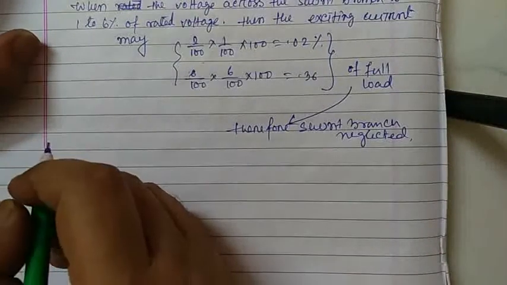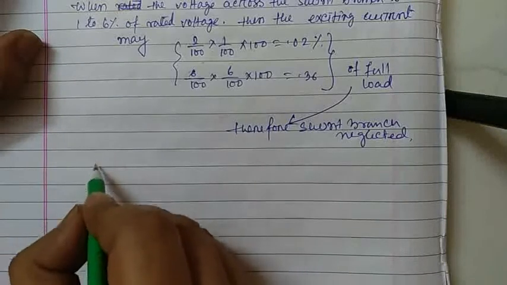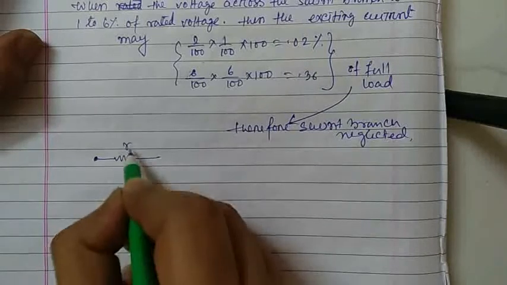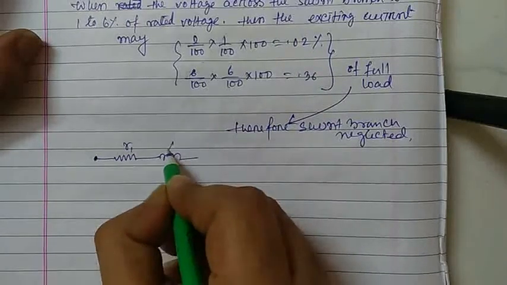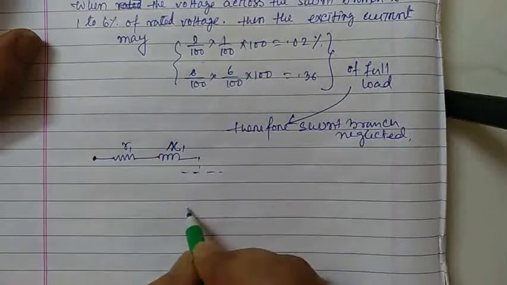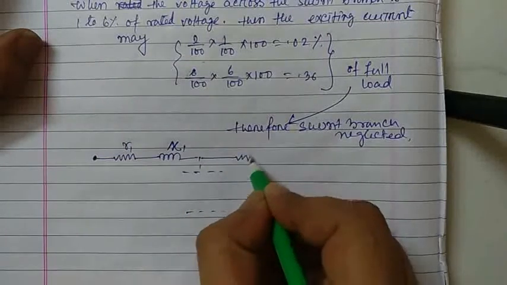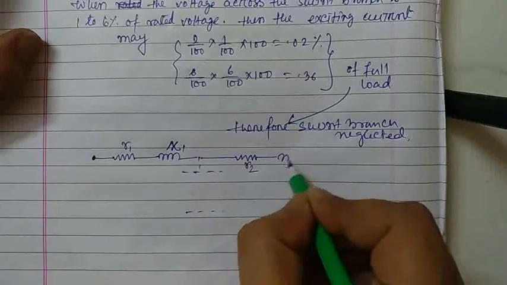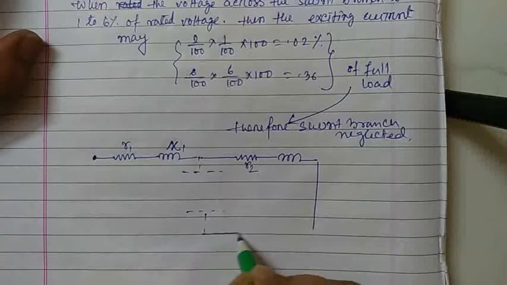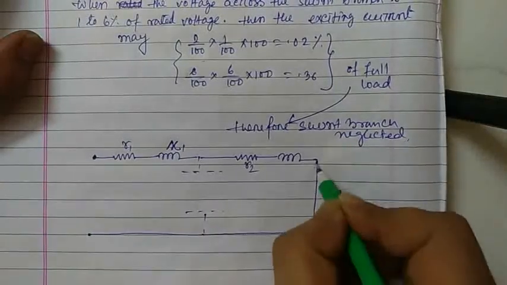As the shunt branch is neglected, the equivalent circuit at short circuit test looks like this: this is R1, this is X1, and R2, X2, with the secondary side short circuited.